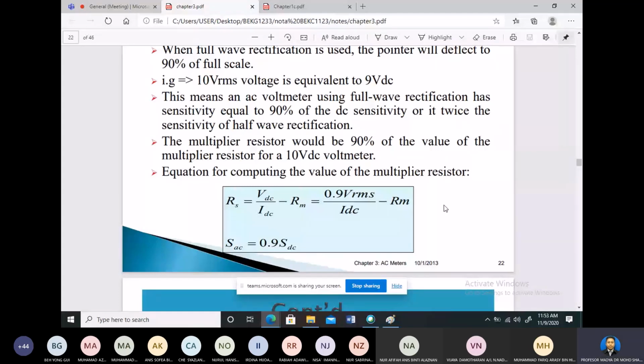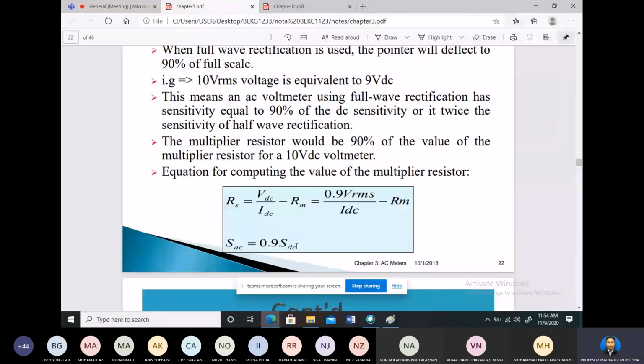Multiplier resistor, similar to what I mentioned to you. The formula will be similar to half wave, but the value here will be different. For half wave it will be 0.45, for full wave it will be 0.9, multiplied by VRMS divided by IDC minus Rm. And then to calculate the sensitivity of AC, it equals 0.9 multiplied by the sensitivity for DC.